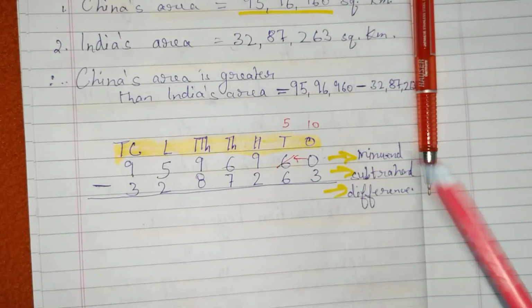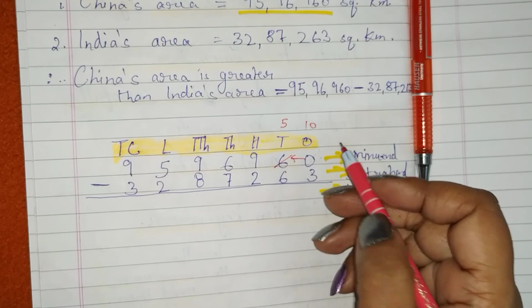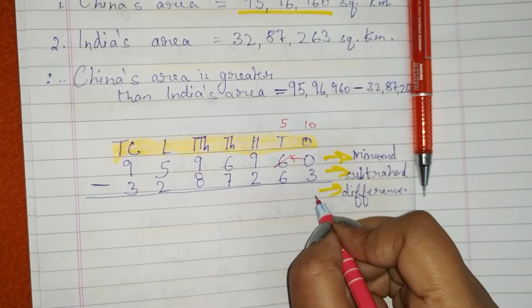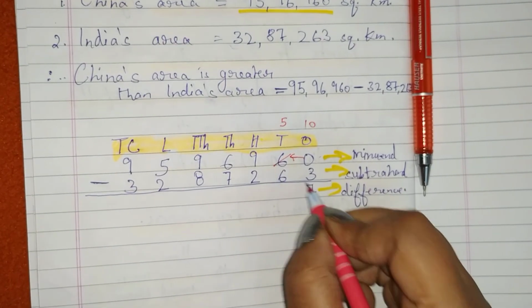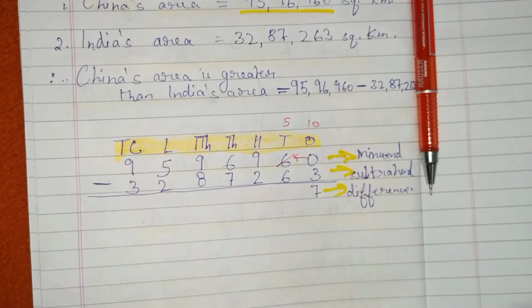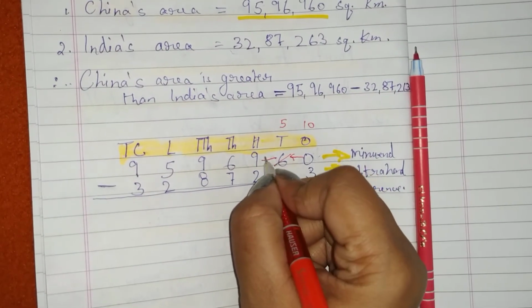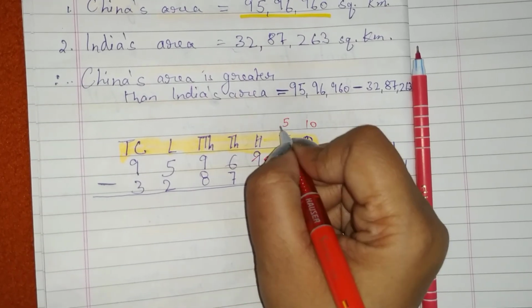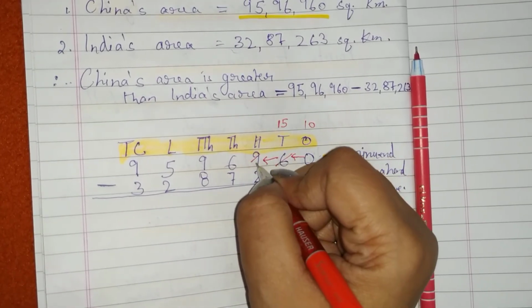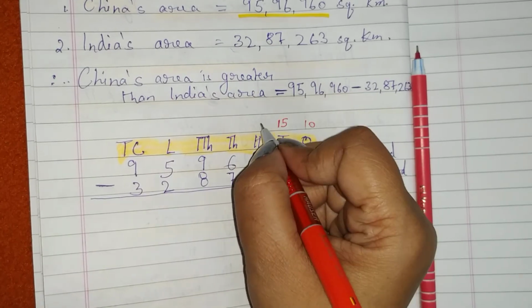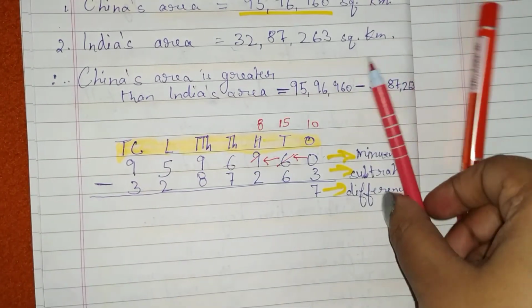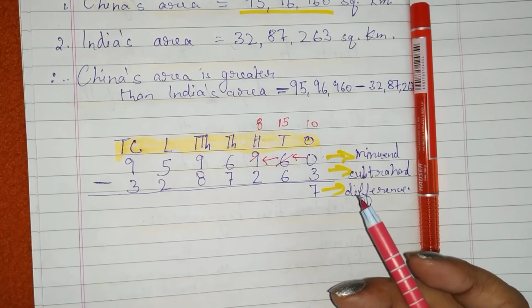Now we can subtract 10 minus 3? 7. Can we subtract 6 from 5? No. 5 will go to hundreds place. 9 will give 1 to this. It will become 15 and this will become what? 8.